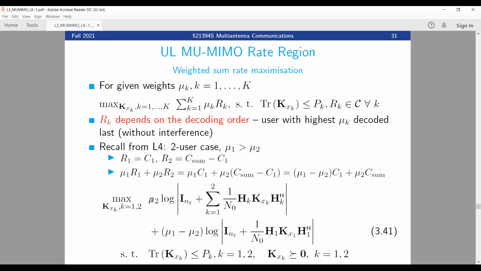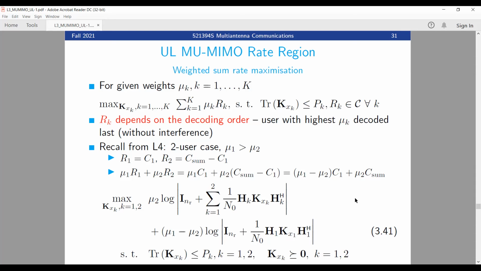Then you just rearrange and you get this result: we have a summation of two concave formulas. This is concave as long as mu1 is larger than mu2. If mu2 is larger than mu1, this would be negative.